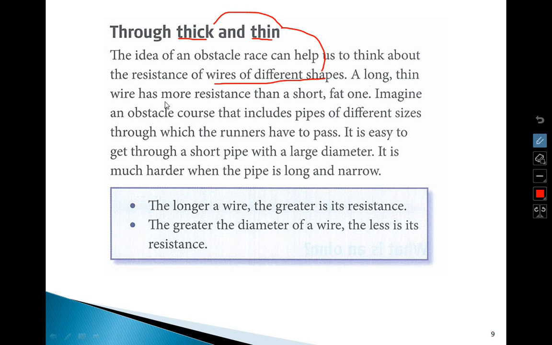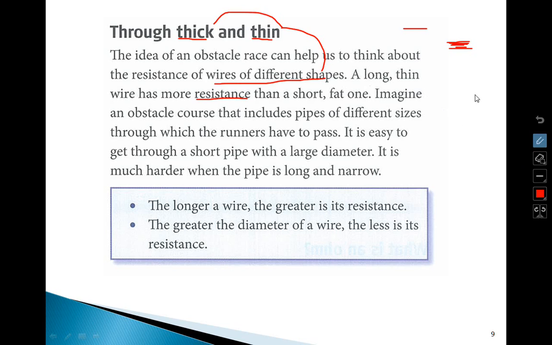So a long, thin wire has more resistance. Yes, if we have a wire like this and another one that is bigger in shape, the long one has more resistance than the short, fat one.